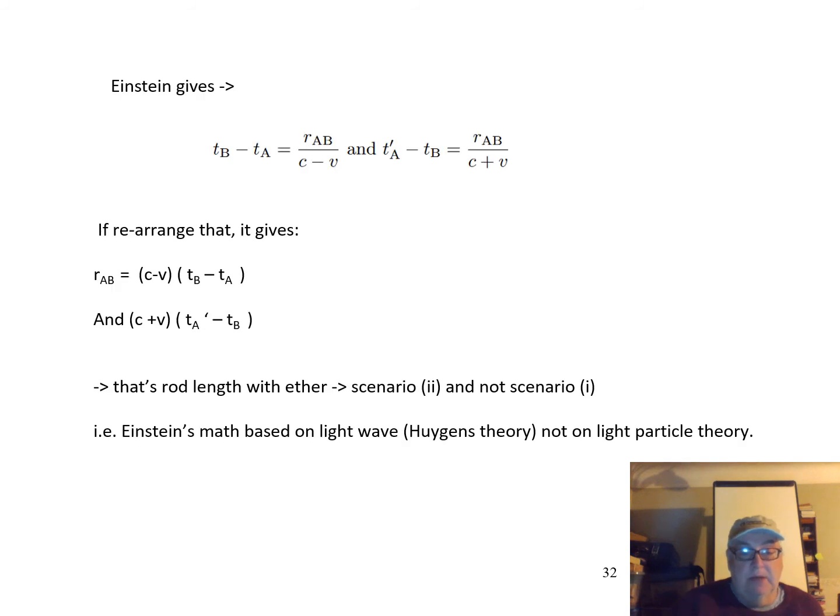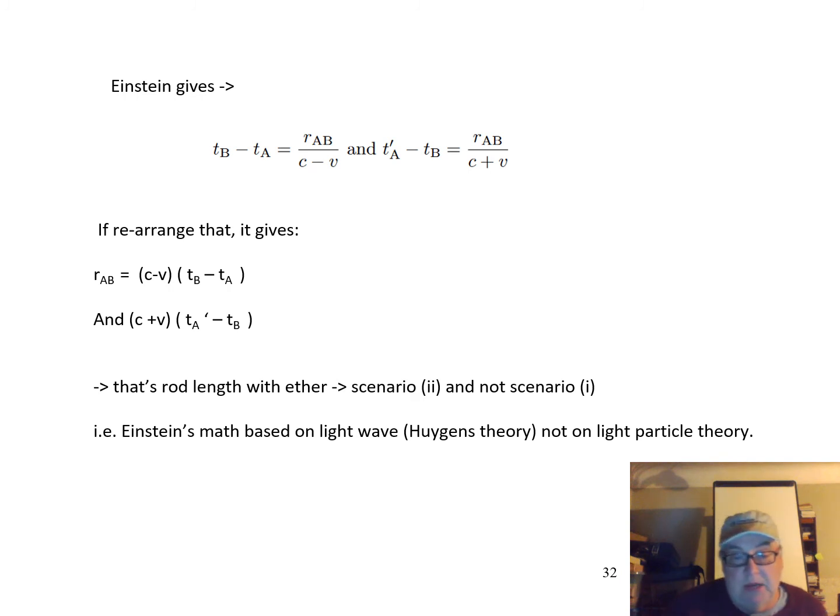So back to Einstein, he gave these equations. We can rearrange these equations in the way shown, where rod length r subscript ab equals c minus v all times the time interval t subscript b minus t subscript a.